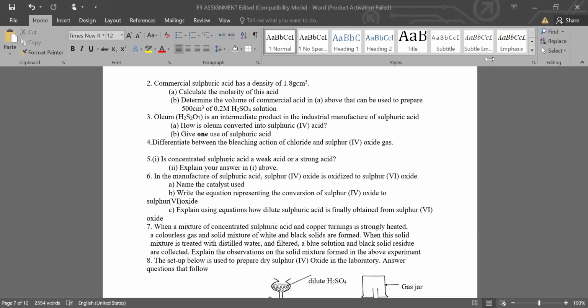Once that concentrated liquid is formed, the question we are answering is, how is it then converted back to sulfuric(VI) acid? Simply by adding water, just to dilute it. So when oleum, H2S2O7 in the question, has water added, it dilutes to concentrated sulfuric(VI) acid, which is H2SO4.